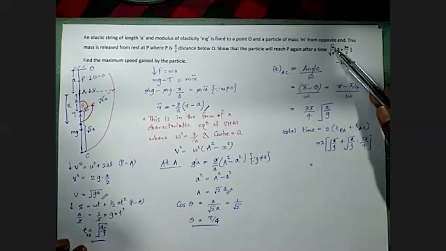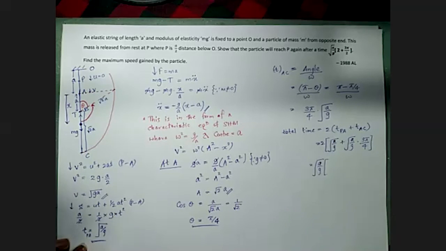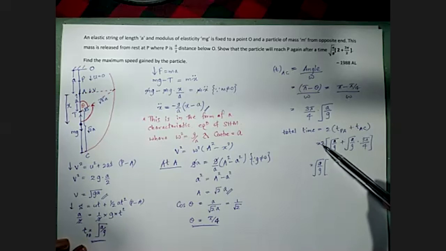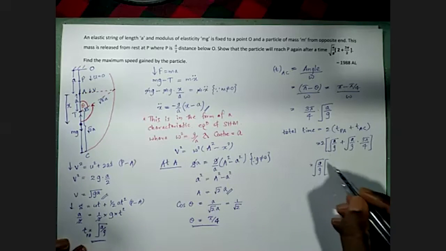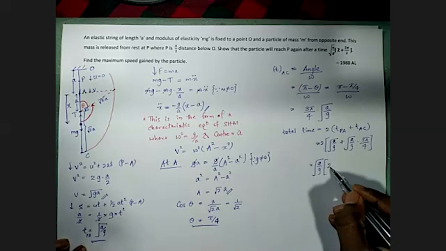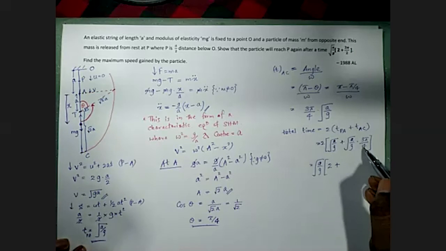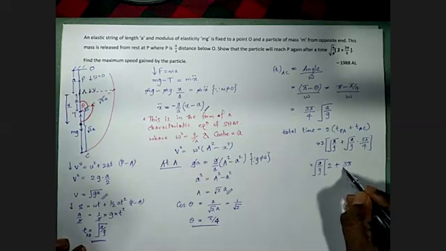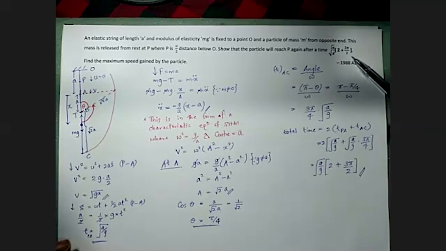Now here we can see square root a over g is taken out as the common factor, and there is no 2 in the common factor. That means they have multiplied 2 with these two terms. When I take a over g, there is 1 remaining. When I multiply 1 by 2, that is 2 here, plus when I multiply 3 pi by 4 by 2, we are left with 3 pi by 2. This is the expression they have given.